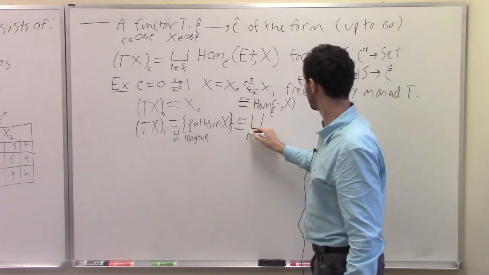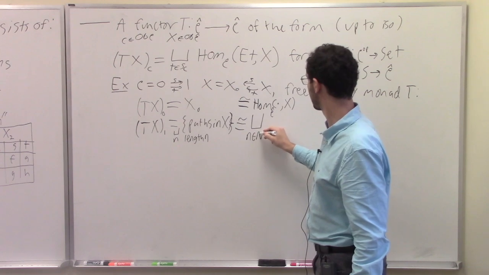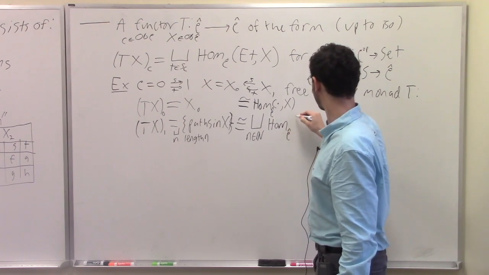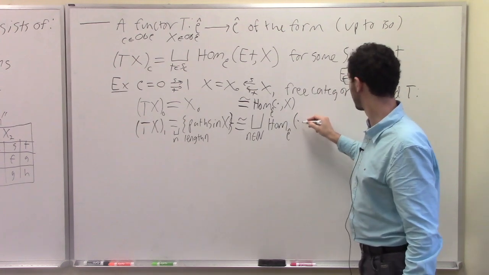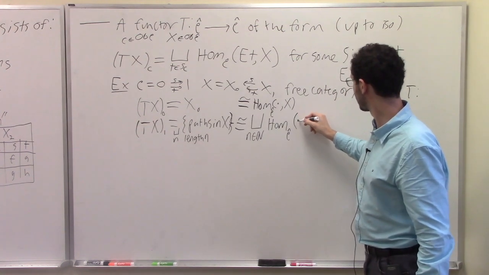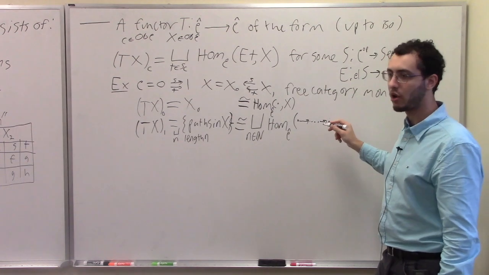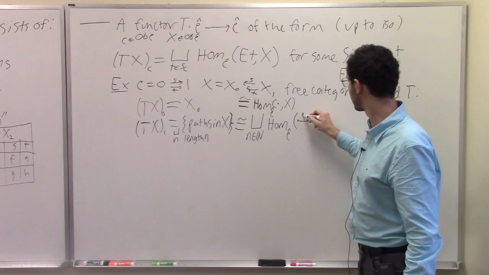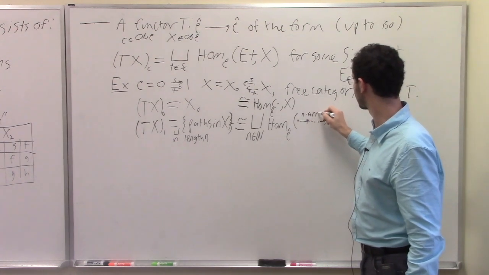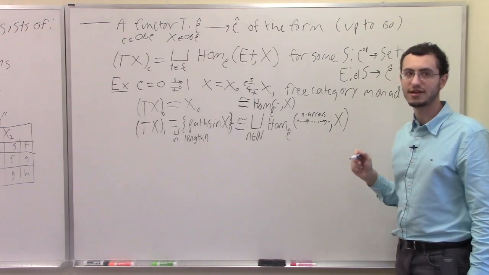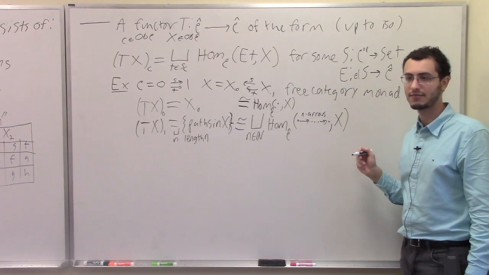And so then we can write it in this way as a disjoint union of representables, where the representing path is the sort of walking length n path, which has n adjacent arrows. And a map from that into X is just a length n path in X.